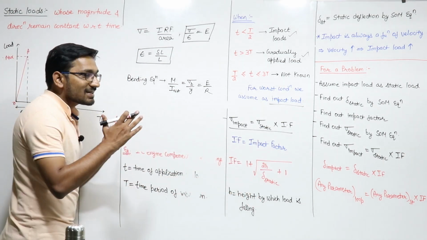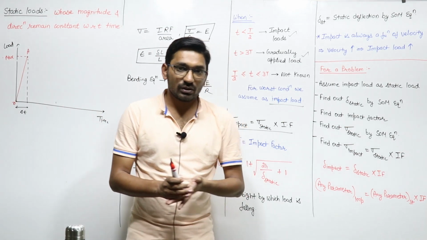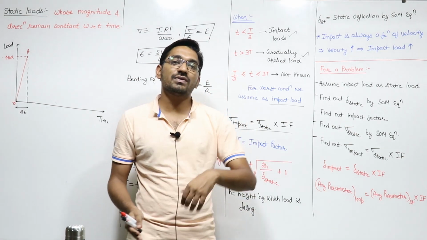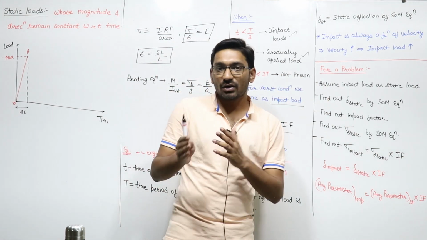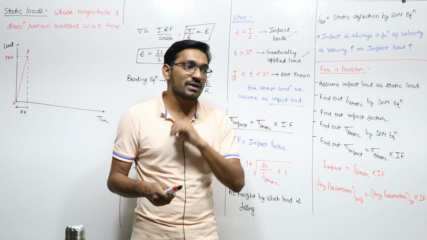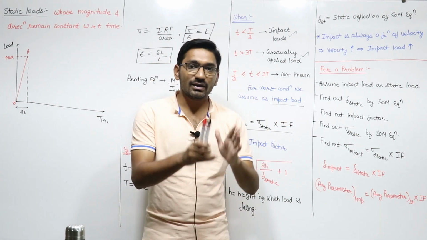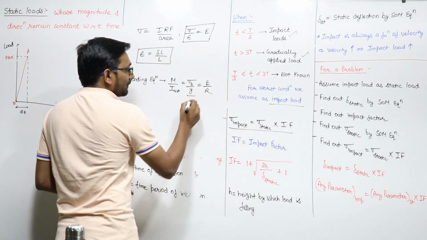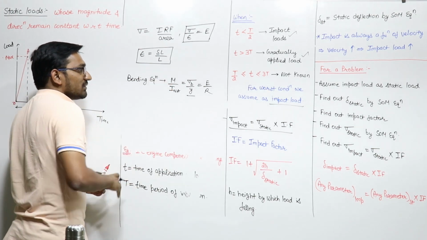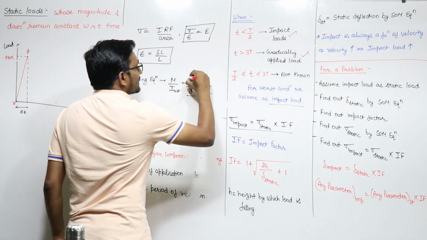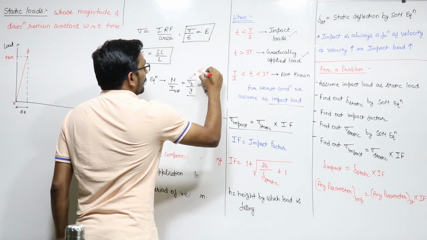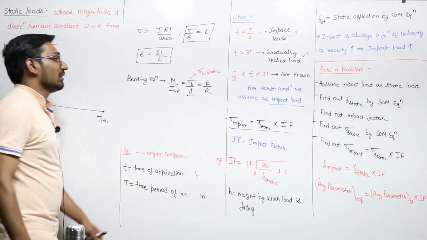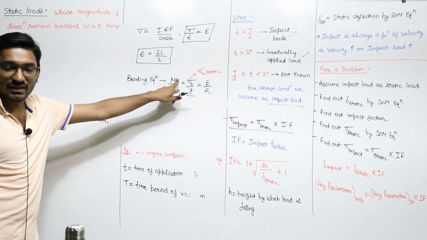So all the strength of material equations are derived by assuming that the load is static, or a gradually applied load. We are not considering in strength of material that the load is a dynamic load. We only focus on the gradually applied load. Here y is the distance from the neutral axis, we'll see. From here you get sigma b, the bending stress, which is the static bending stress, because we treat M as a static load.